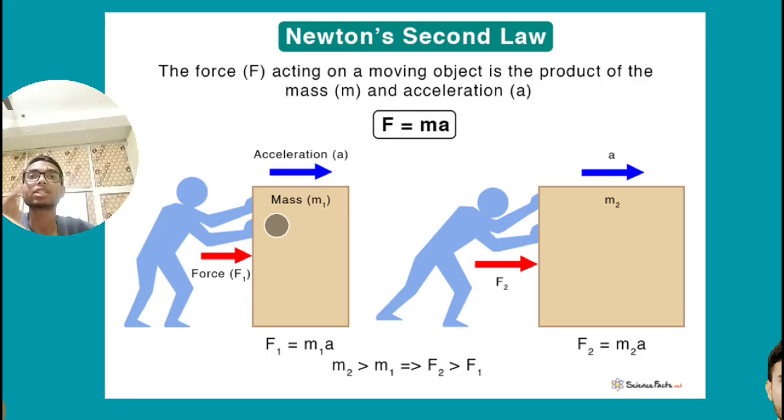And how much time was taken to cover the distance from initial velocity till the final velocity? That's why we took acceleration. Acceleration has direction. Here we will apply force, then here we will get direction. Again and again I am saying why we took acceleration.